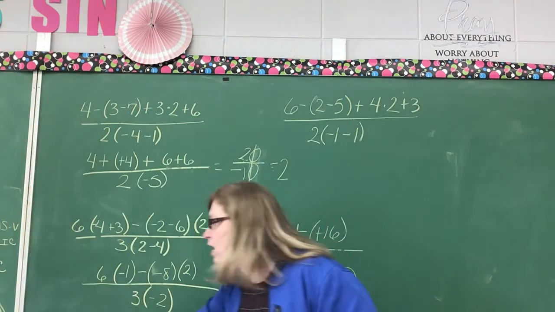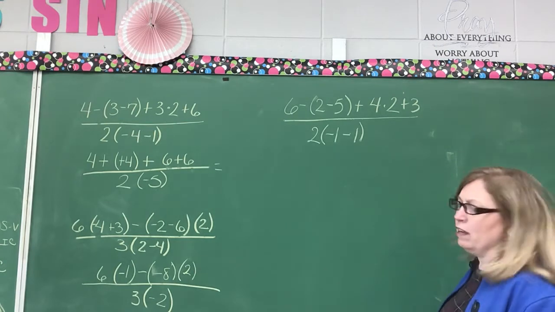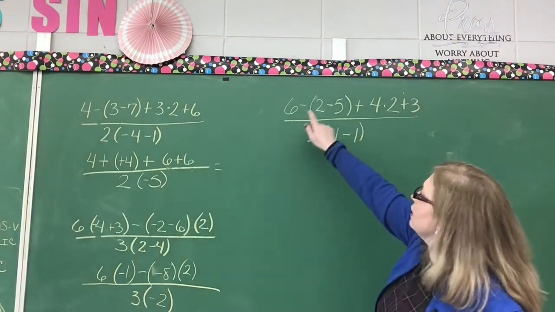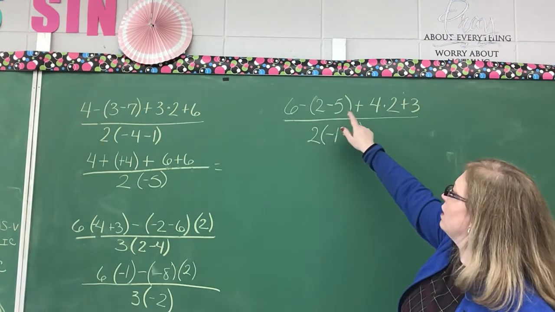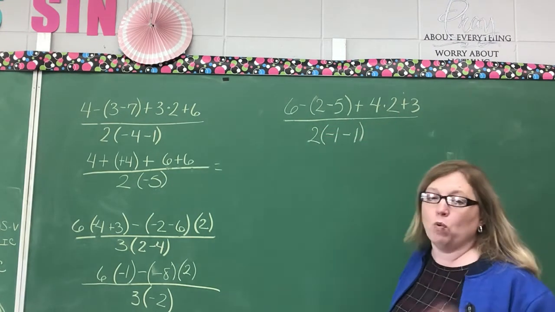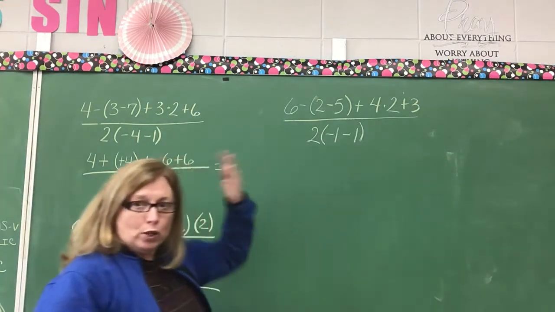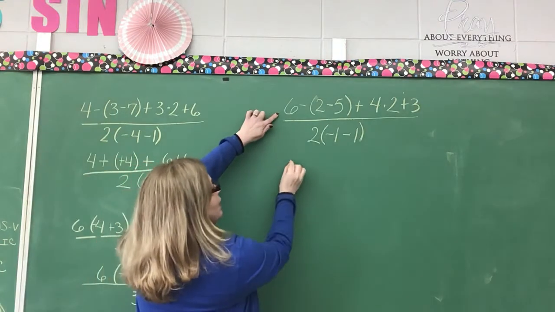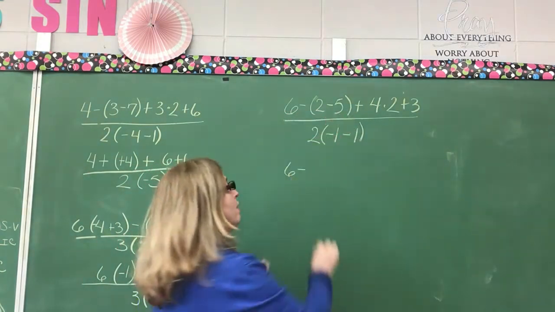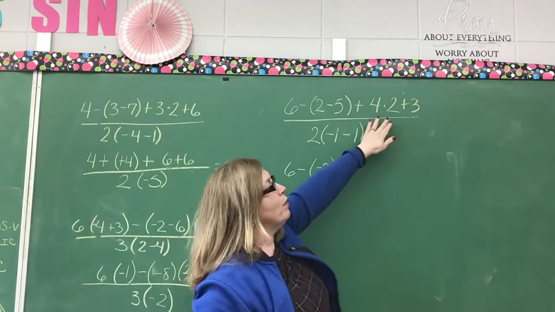Okay, let's try another one. Let's look at this one up here on the board. If you're looking at it in your book, it's your practice problem. Okay, 6 minus (2 minus 5) plus 4 times 2 plus 3. Okay, what are we going to do first? The parentheses. If it's not in the parentheses, we're going to bring it down. So bring the 6 down, minus, what's 2 minus 5? Negative 3, plus, what are we going to do over here?